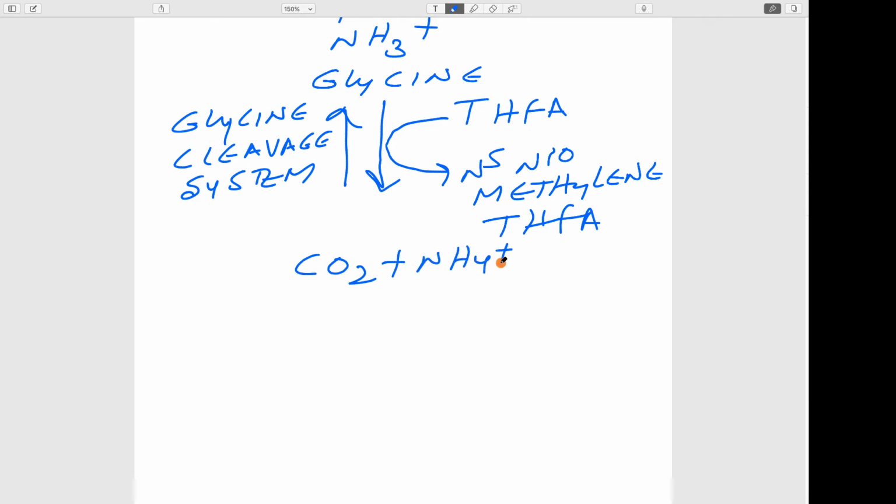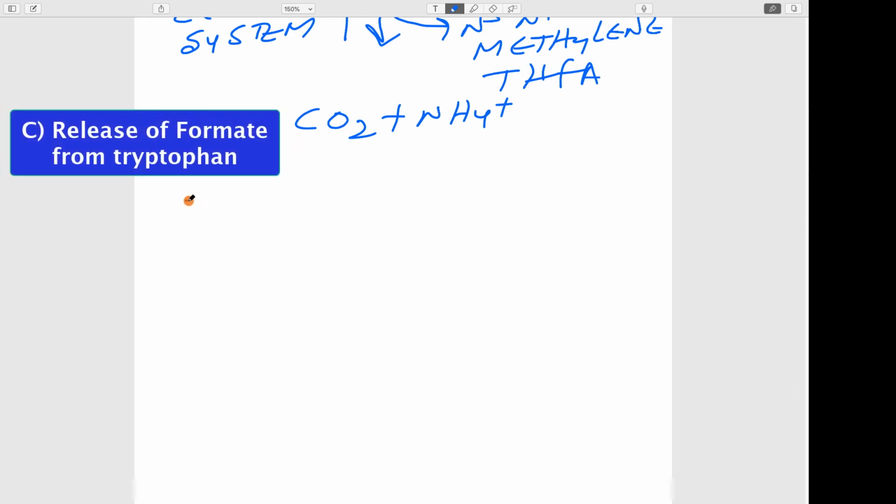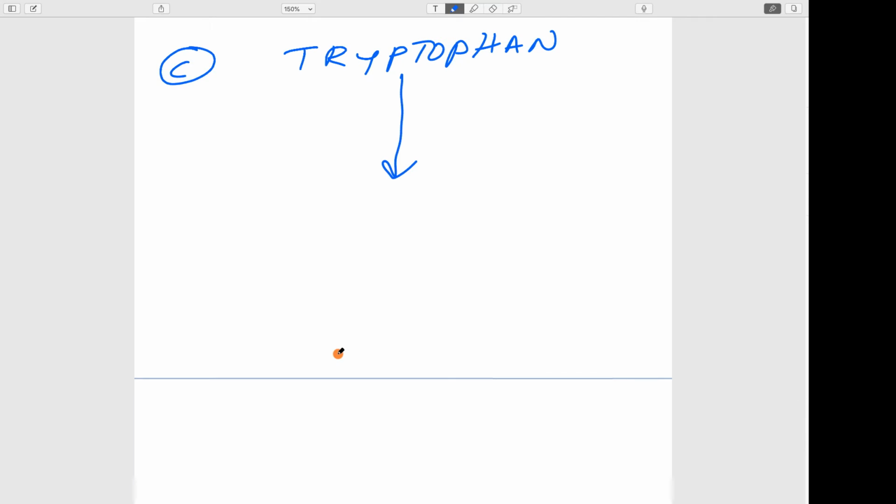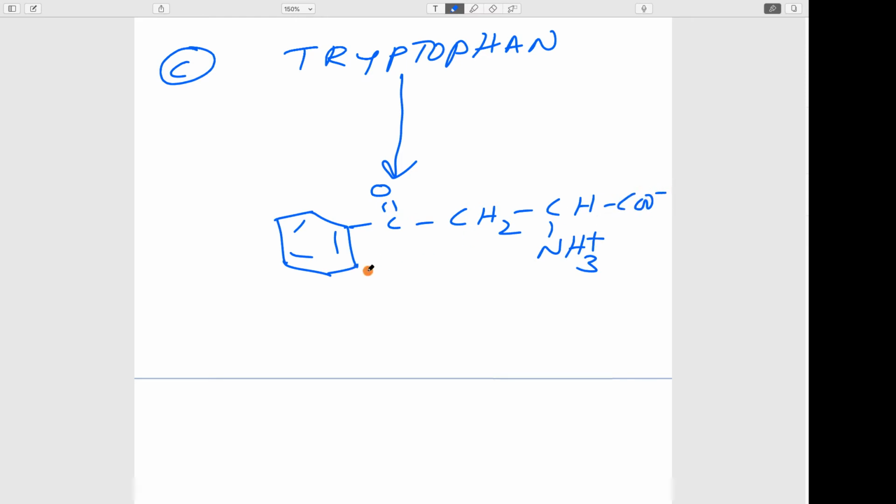Then the third reaction is in amino acid metabolism, that is tryptophan. Tryptophan is an aromatic, heterocyclic amino acid. In one of the steps, it is converted to formylkynurenine, which means it contains a formyl group attached to the NH.